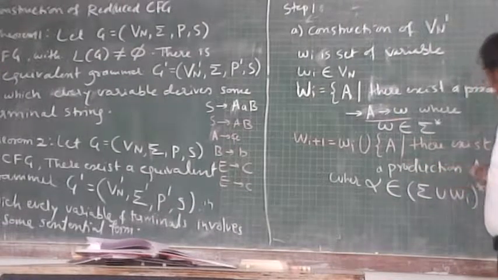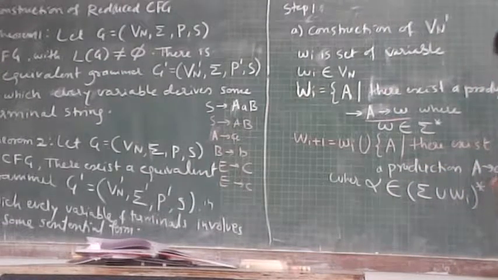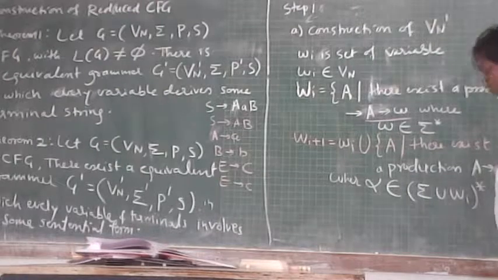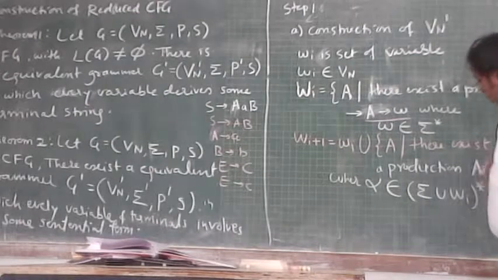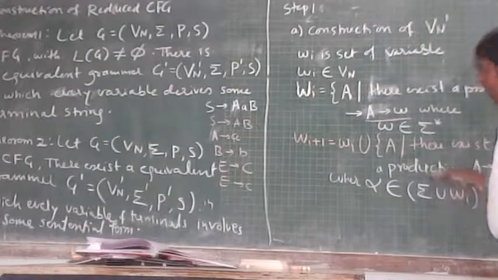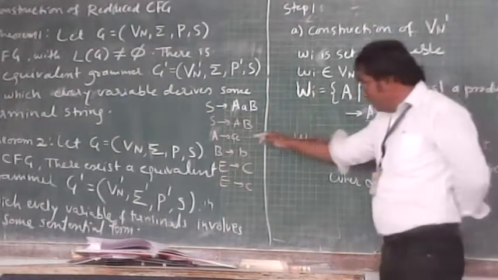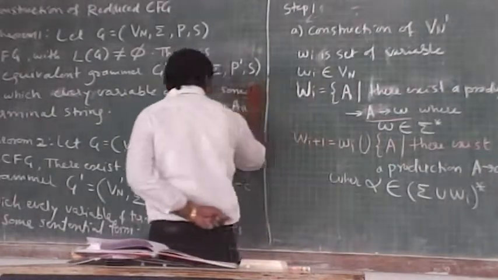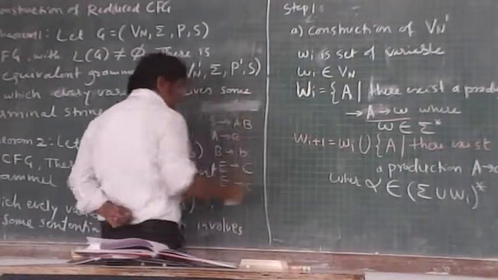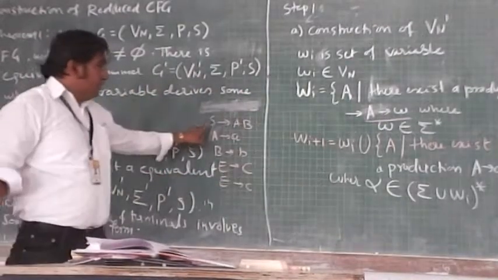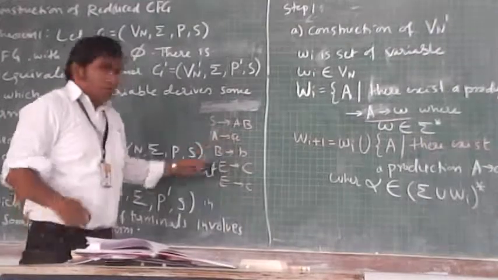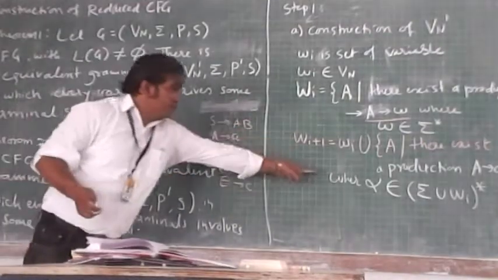And my production is what? A implies alpha. My right hand side of the production should be 0 or more combinations of this. In this case, I remove this production which I have taken for example.